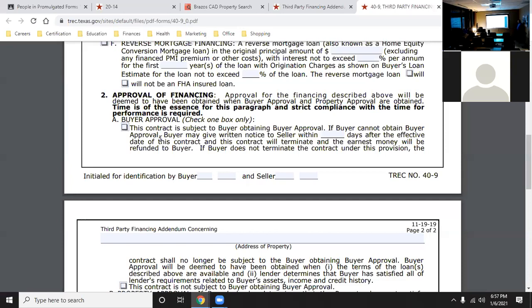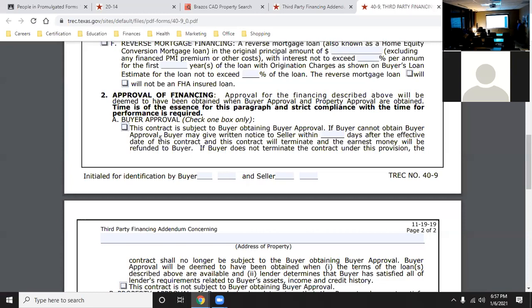Here's our problem. This contract is subject to the buyer obtaining buyer approval. If the buyer cannot obtain buyer approval, buyer may give written notice to the seller within blank days after the effective date of this contract, and this contract will terminate and the earnest money will be refunded to the buyer.